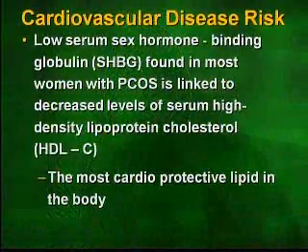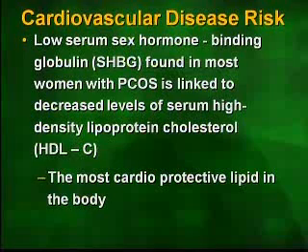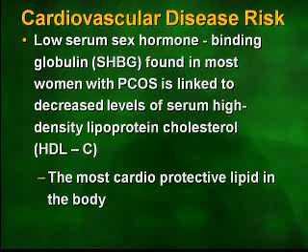The cardiovascular risk in these women is very great. The low serum sex hormone binding globulin in most women with PCOS is linked to decreased levels of the HDL, or the serum high-density lipoprotein cholesterol. I want you to understand that this is the most cardioprotective lipid in the body.